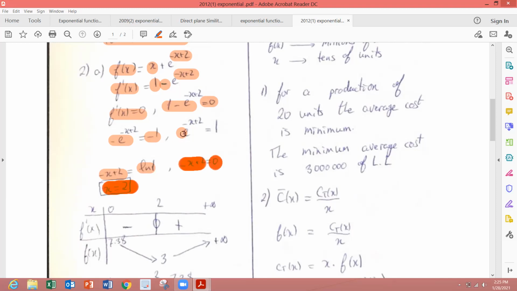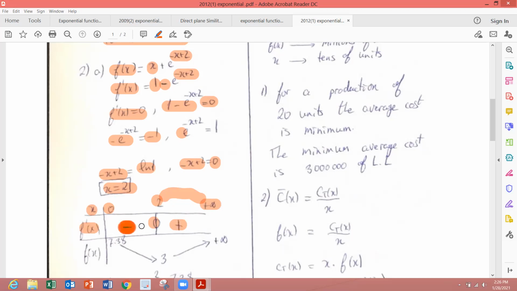Any questions about this step? No. Now, the table of variations. In the table of variation, we have to put the domain of definition, 0 plus infinity, and the value of x from the derivative. So at x equal to 2, the derivative is 0. To know the sign in this interval, for example, I take the number 3 and replace it in the derivative. If I replace 3 in the derivative, I get 1 minus e to the power minus 1, which is positive.